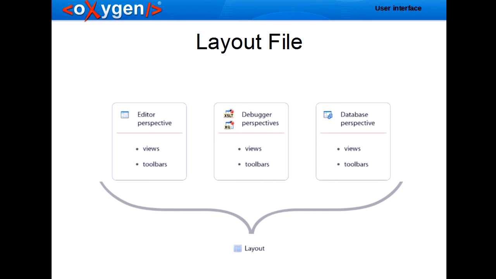And now we've stored the information about the toolbar customization in the same file. And this is great because with just one configuration file, you can now control the entire workspace.